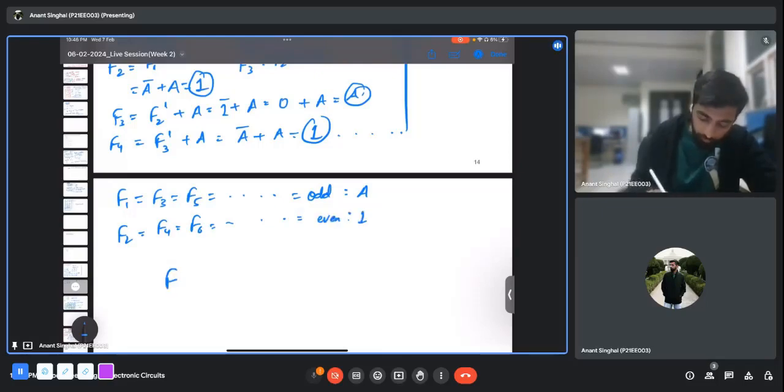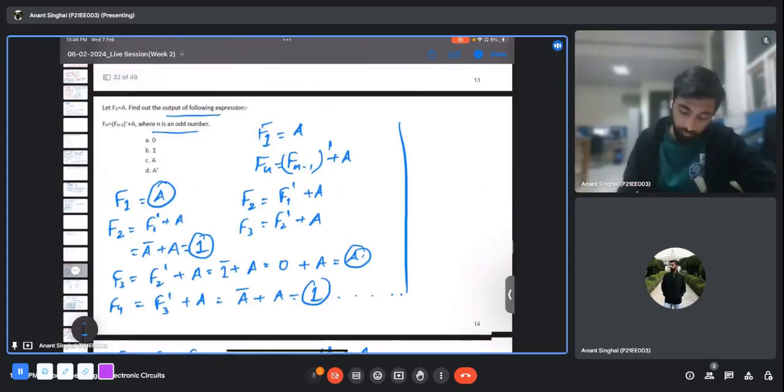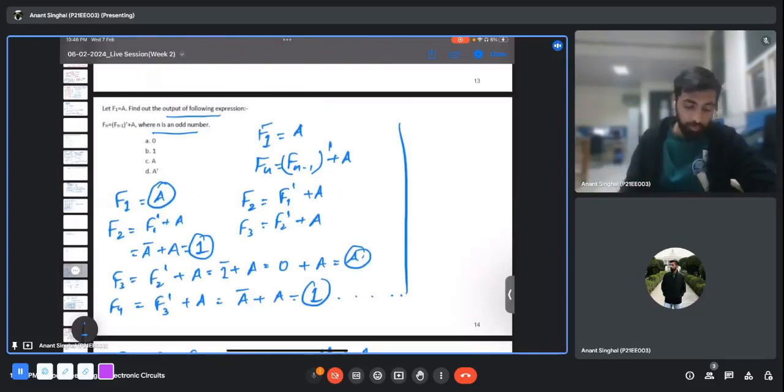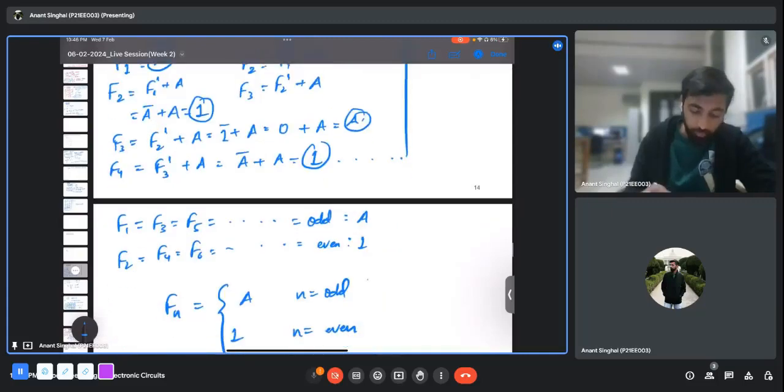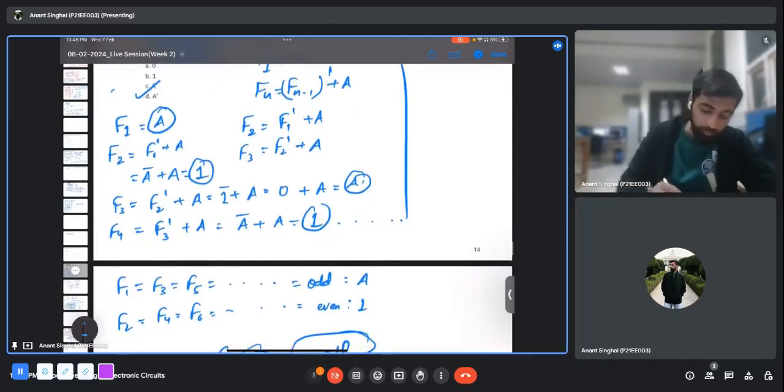So we can write this fn function as a when n is odd and 1 when n is even. I hope you understand. This is very easy and a basic question. The question is asked for odd n, so we have just got the relation when it is odd. So fn is a. So option C is the correct answer.